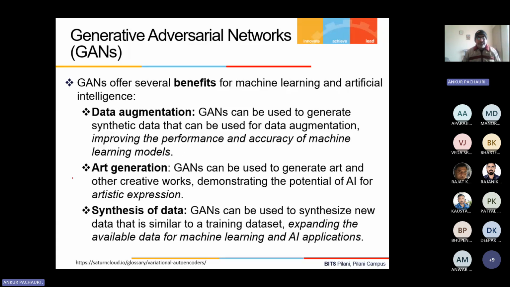Art generation: generate art and other creative work, demonstrating the potential of AI for artistic expression. For that, GANs can be used. Synthesis of data: GANs can also be used to synthesize new data that is similar to the training data set, expanding the available data for machine learning and AI applications.